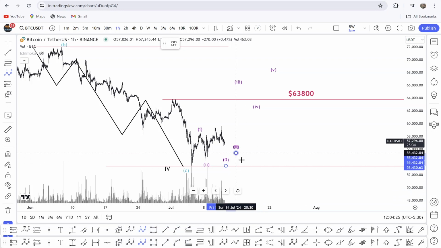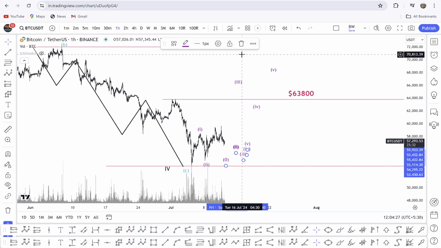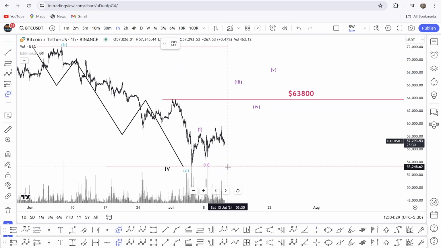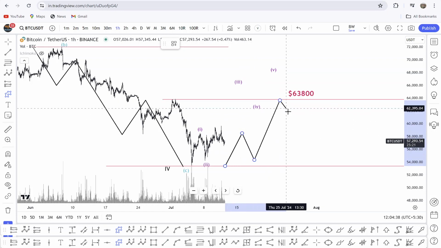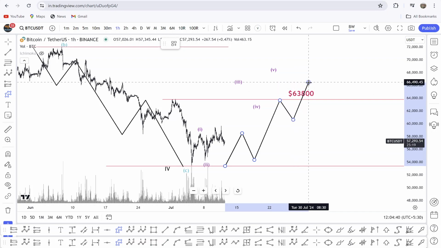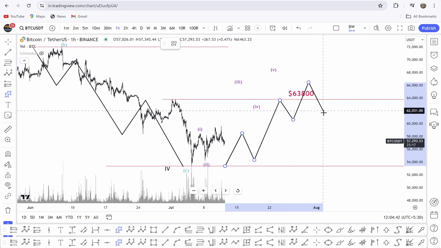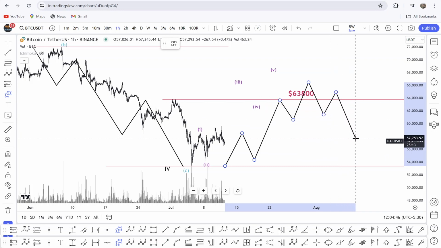Okay. Starting from here, we have 1, 2, 3, 4, and 5. After 5 waves, we may see a correction of all these 5 waves like this.